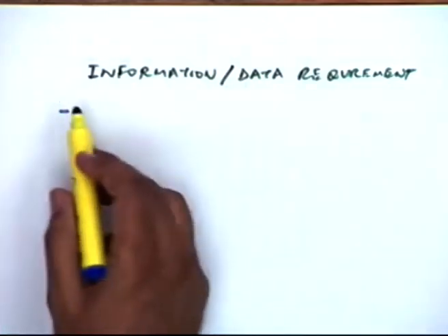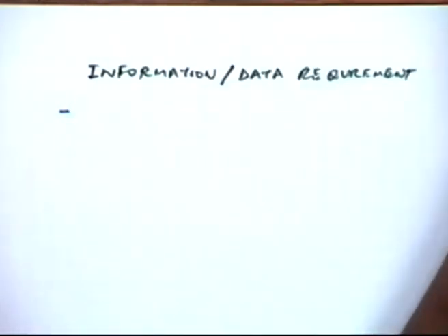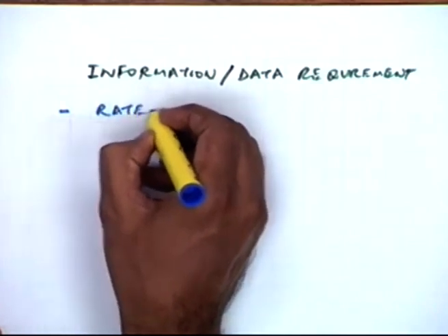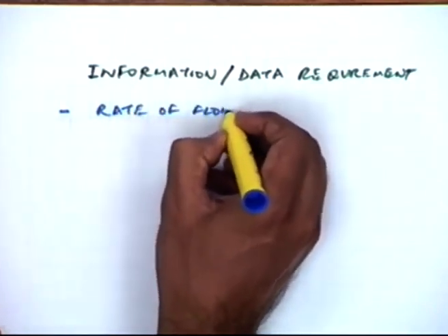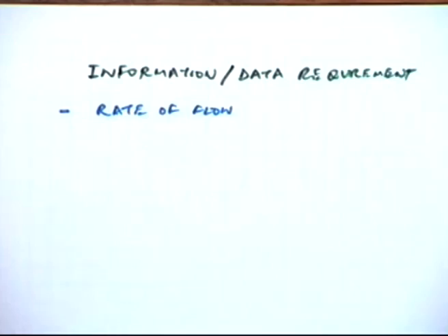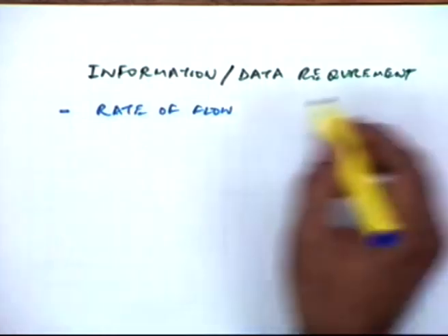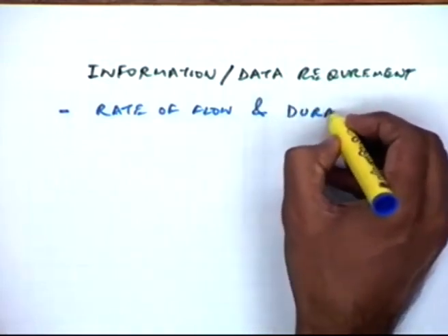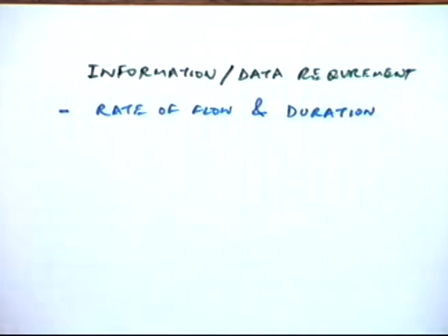For any subsequent analysis you have to perform, you will require the rate of flow or the stream size, and the duration, for how long that stream size was made available at the head end of the field.